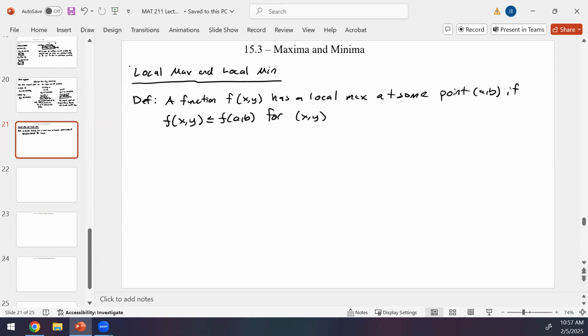Not that that's really important to us, but it is part of the definition. So effectively, if you think about it three-dimensionally, it's just saying it's the tallest point. It's like the mountain of the function.